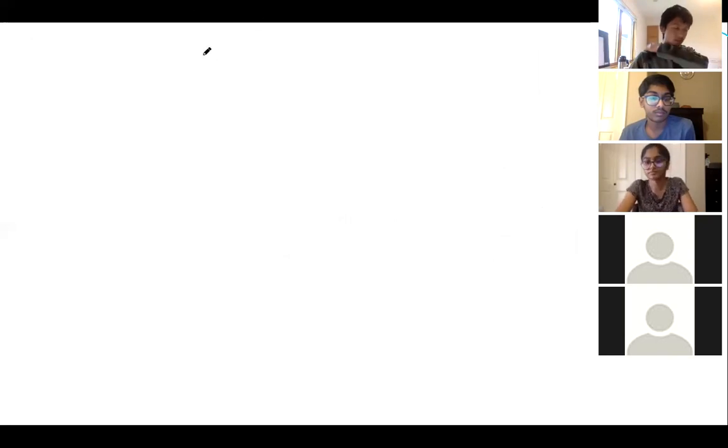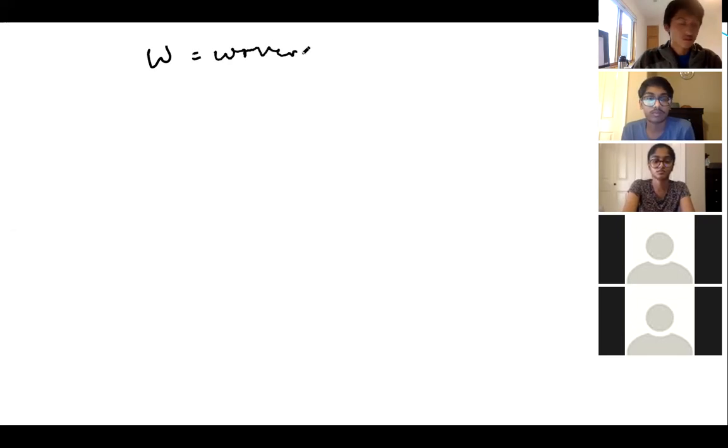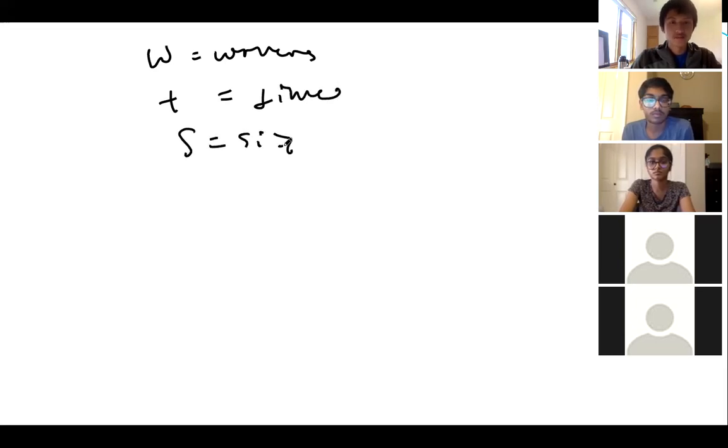So in general, there's an equation we can use to make these kinds of problems more simple. So let's say W is the number of workers, and T is the amount of time it takes to do the job. And S is the size.